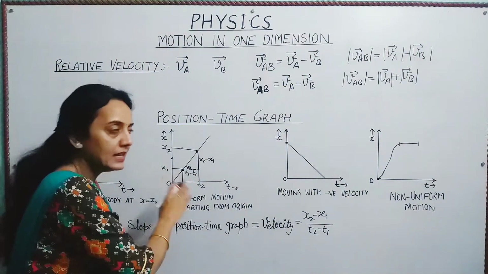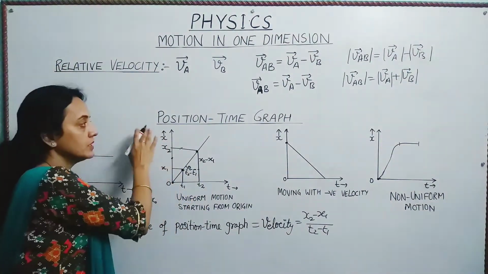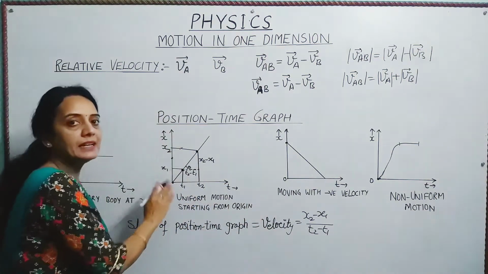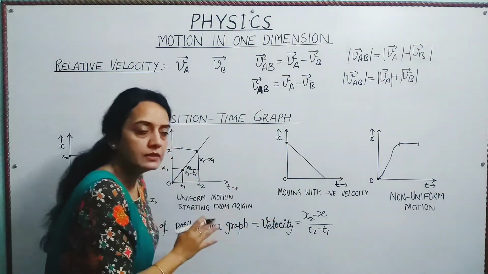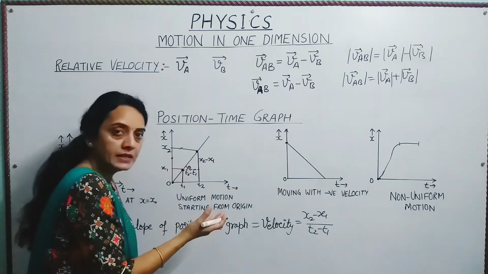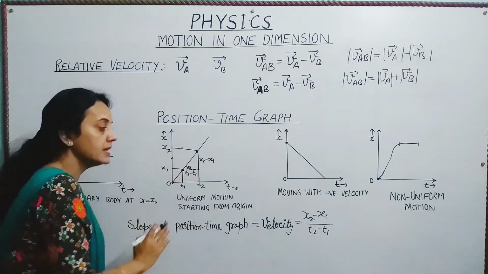So from any position time graph or displacement time graph, we can find out velocity by just finding the slope of the graph. If the slope is more, the velocity of the body is more.